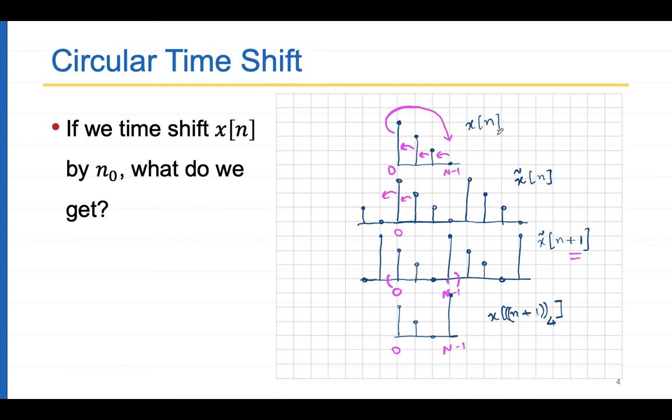It has gone to N minus 1. So this is something important. Basically, it's like a periodic boundary. This boundary is connected with this boundary. Let me write down the term periodic boundary.